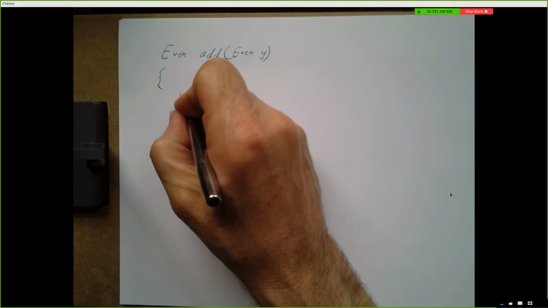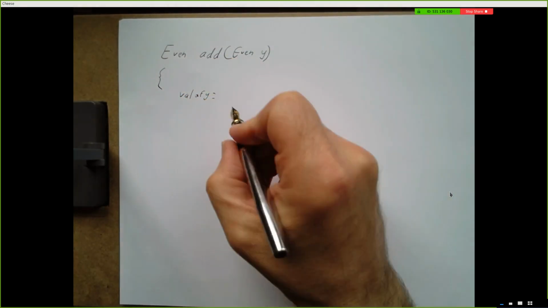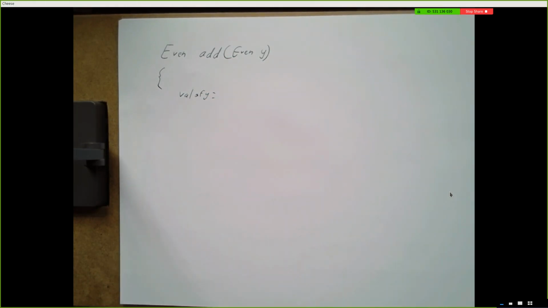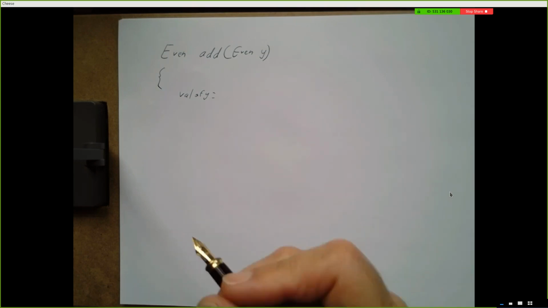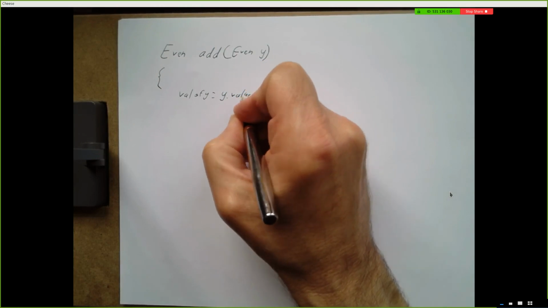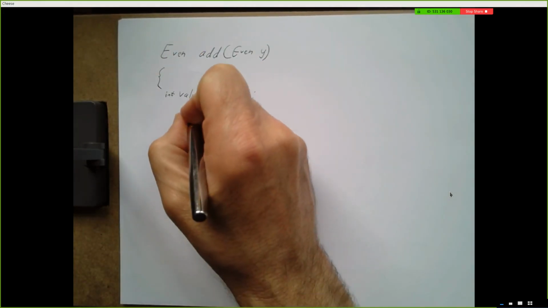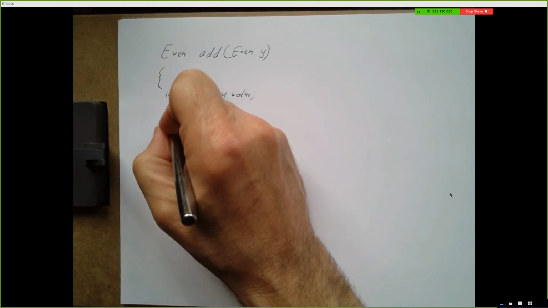If we're defining a class where we have a field called value, this could just be y.value. So I'll make this an integer: value of y equals y.value.